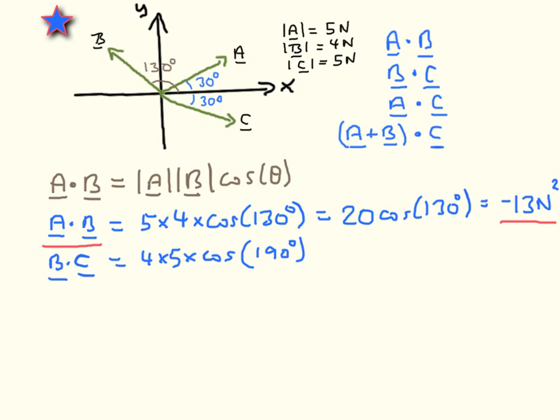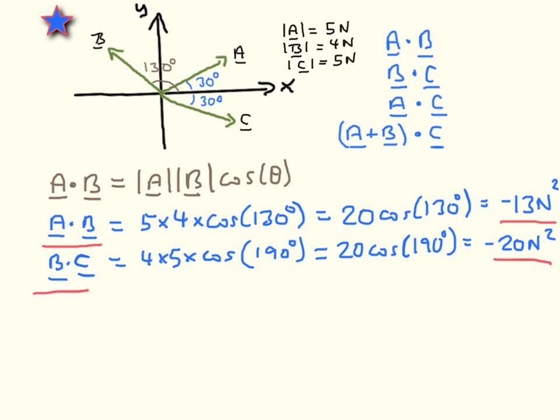It's going to be a little bit larger than minus 1, so it would be about minus 0.9. And again, we put this into a calculator, so we have 20 times the cosine of 190 degrees, and we obtain minus 19.7, and to two significant figures, that's minus 20, and again the units would be newtons squared.